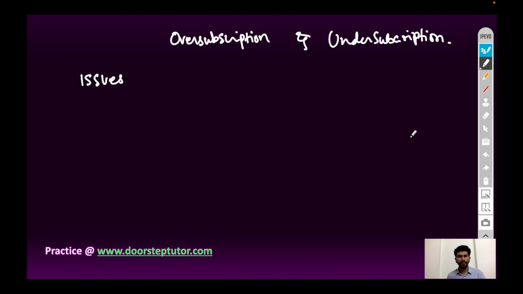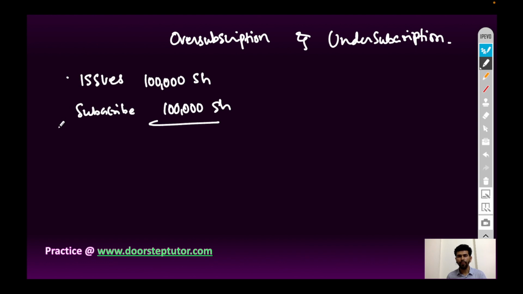Now, let's discuss the concept of oversubscription and undersubscription. If company issues 1 lakh number of shares and public subscribes 1 lakh shares, if company issues 1 lakh shares and public demands 1 lakh shares, it is a case of full allotment.